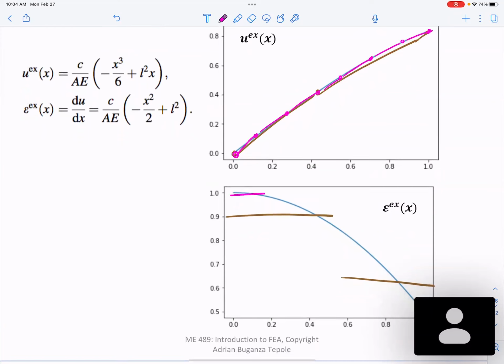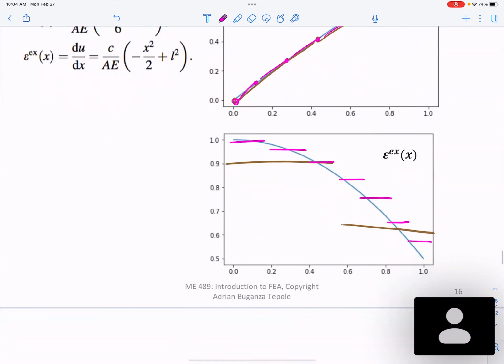The derivatives, because they are still piecewise constant, will look something like that, where it will get closer, but it cannot get as close because for linear elements, the derivatives are always piecewise constant. So you will always get little segments of line, but it will sort of follow that derivative.